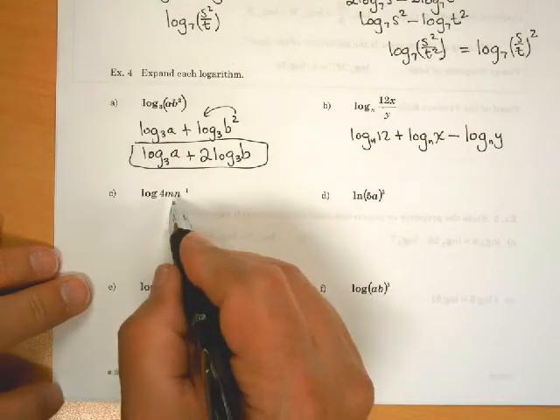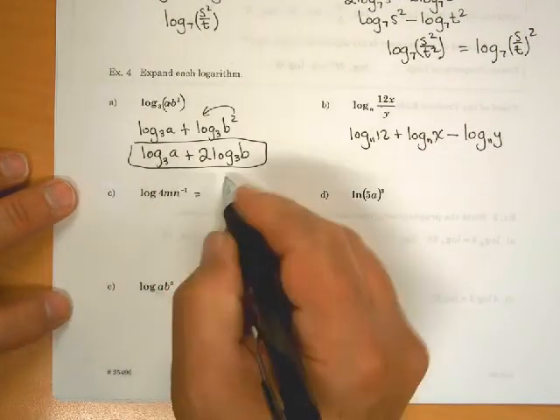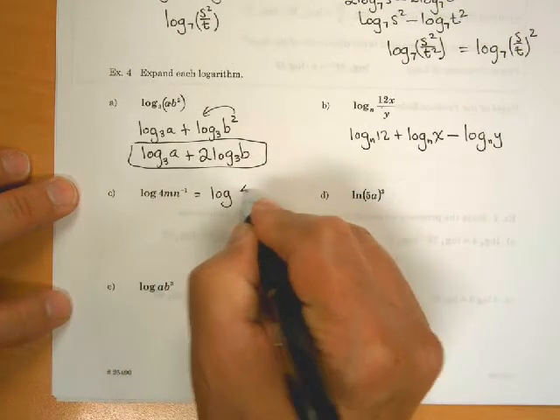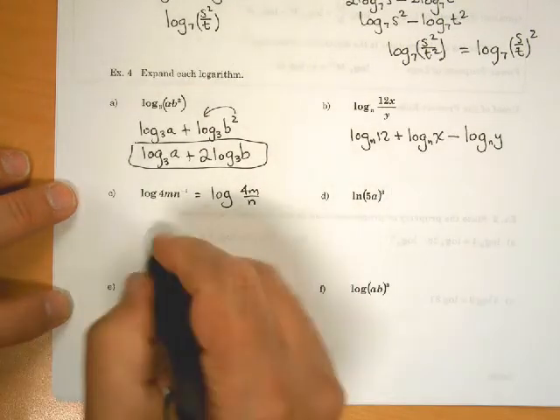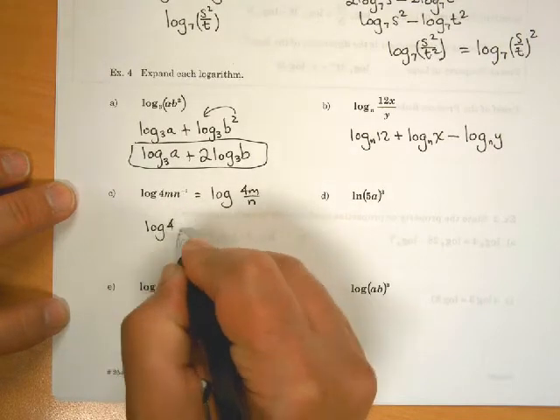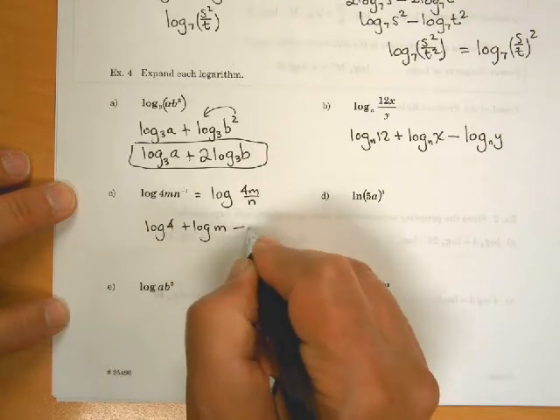Okay, this one here, I'm just going to rewrite. The n to the negative 1 power is 1 over that, so it's going to look like this: 4m over n, and then this problem and the previous are almost identical types of problems. Log of 4 plus log of m minus log of n.